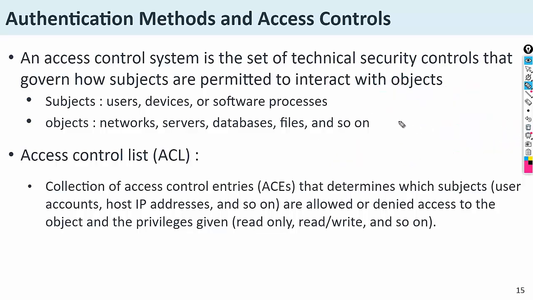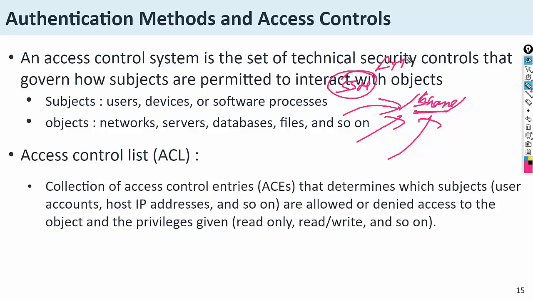Similarly, there is a directory available inside the organization, like a shared directory, and everyone can put data there. Putting data means using services like SSH or FTP to access this file. So these are the processes. These are the subjects, and this is the object.